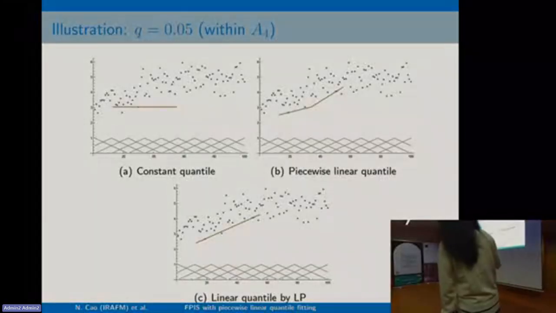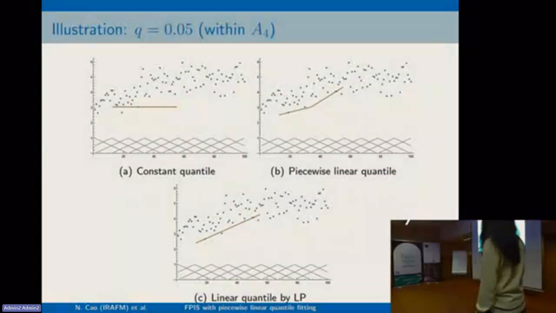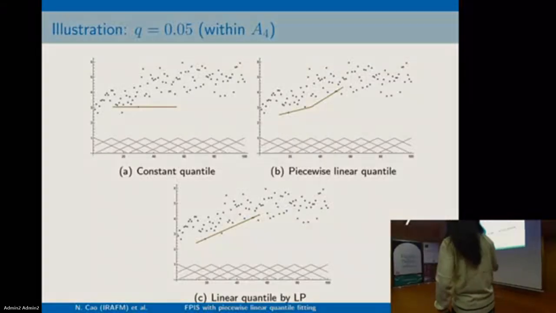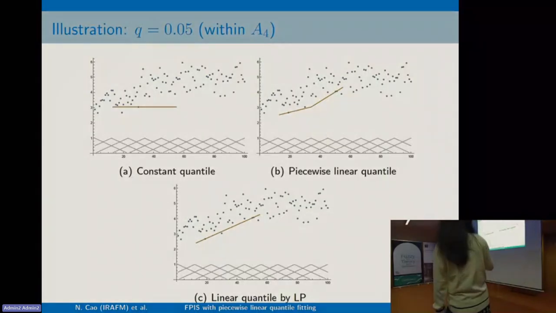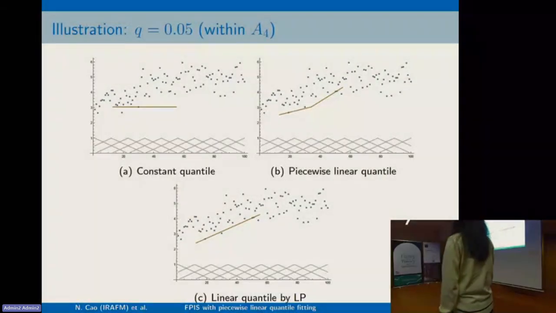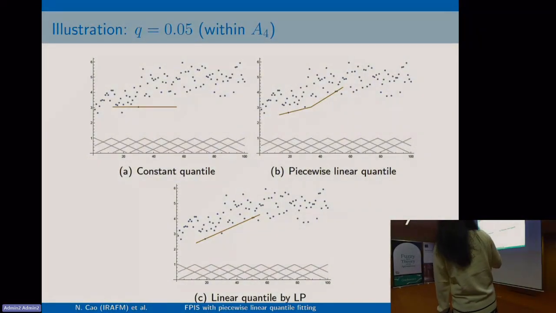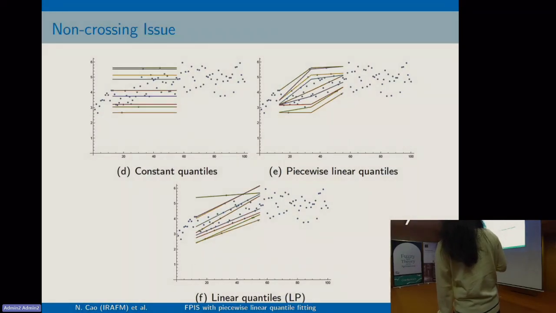This is the constant, and this is what we proposed, the piecewise. And this is what we tried with the linear programming problem, the numerical minimization. You see this one estimates the quantile independently of the input, but these two respect more the behavior of the data, so they should estimate the quantiles more accurately.